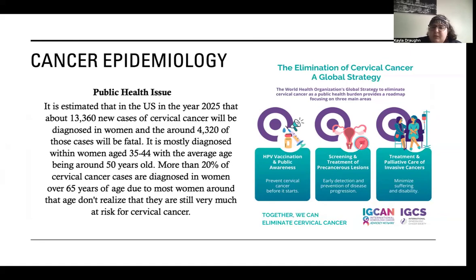It is mostly diagnosed in women in the age range of 35 to 44, with the average age overall being around 50 years old. More than 20% of cervical cancer cases are diagnosed in women over 65 years of age, because most women around that age don't realize that they are still very much at risk for cervical cancer, because there is no information targeted towards them.